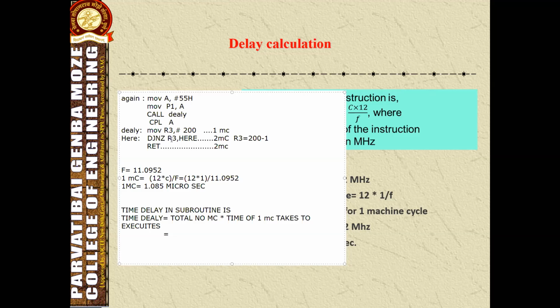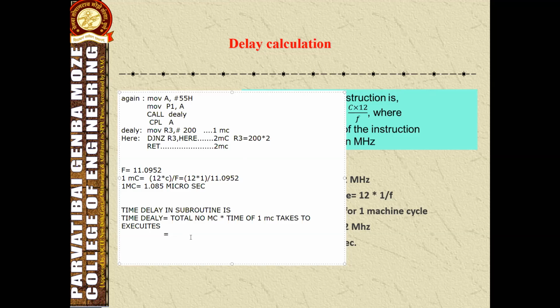If it is not 0, then it goes back here and executes the same instruction, up to 200 times. Same instruction will be executed 200 times, and it takes 2 machine cycles for executing this particular instruction.